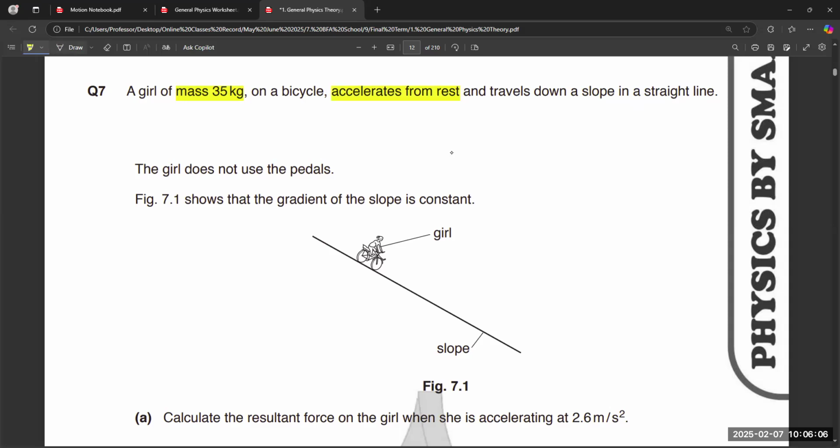So she starts from rest, initial velocity 0, and travels down a slope in a straight line, as we can observe in the diagram.